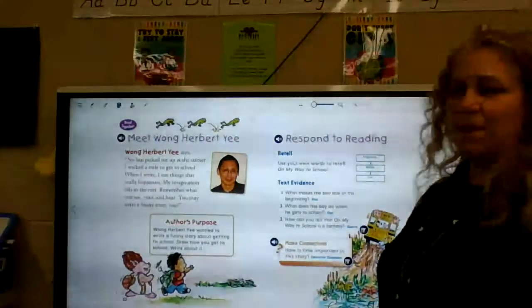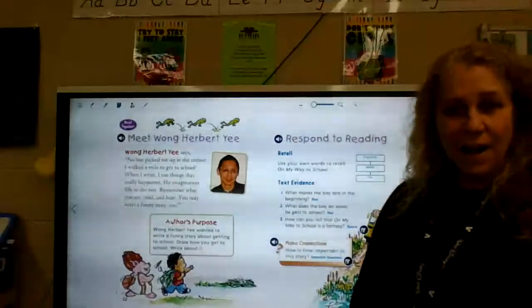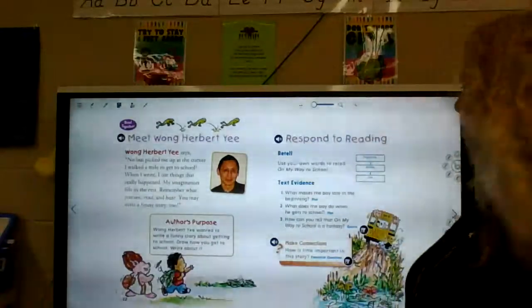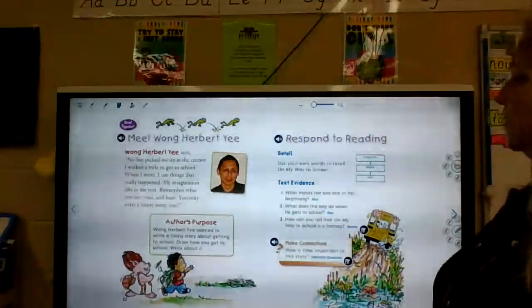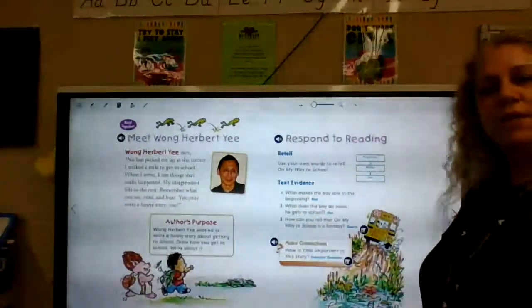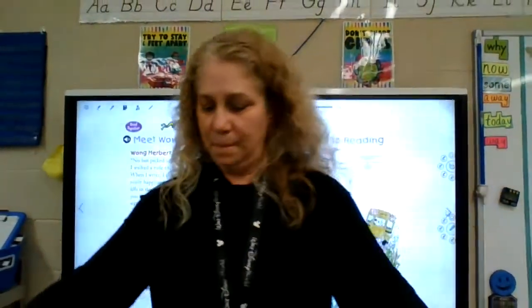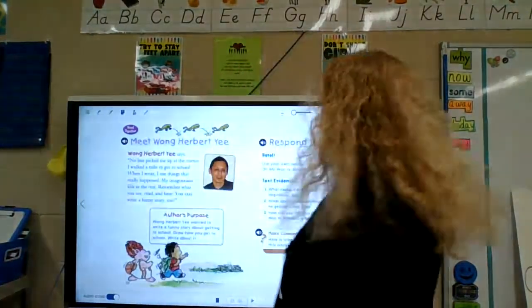Yes, all those things make it fantasy. And riding the bus, the crocodile hanging out. Was time important in the story? Yeah, because he was trying to get to school, right? So he was really running late.